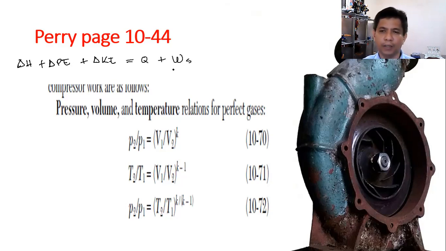WS is the head of the compressor. Generally, the potential energy is negligible, so just cancel it out. The kinetic energy is also negligible compared to the delta H, so cancel this out.